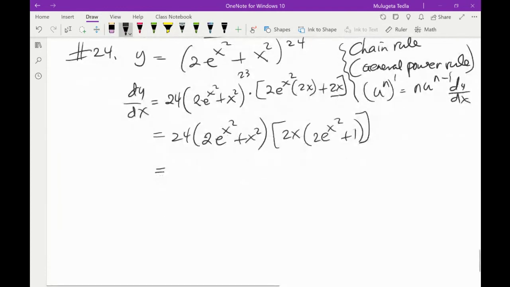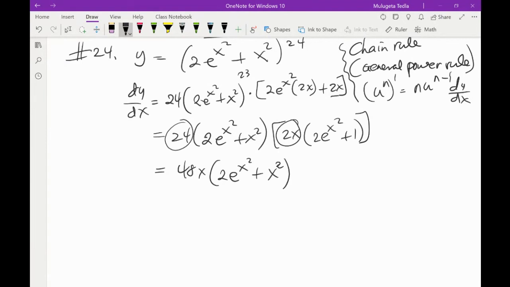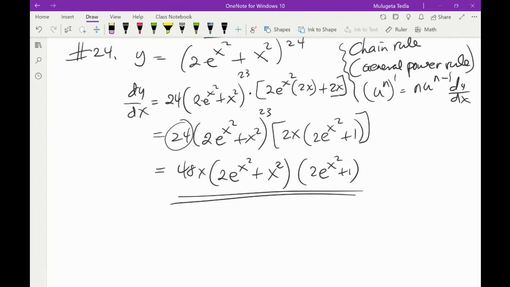So eventually almost the same, almost there. 2x times 24 is 48x, and then (2e^(x^2) + x^2) to the 23, times (2e^(x^2) + 1). Did I miss 23 here? Okay.